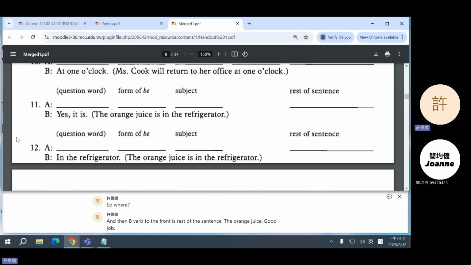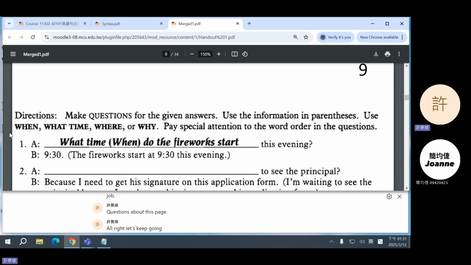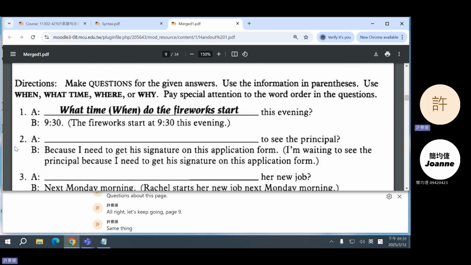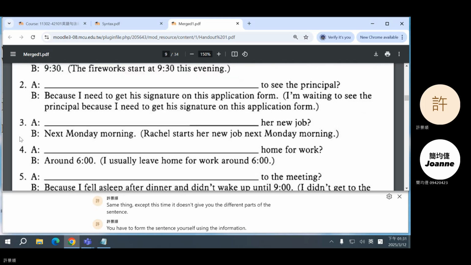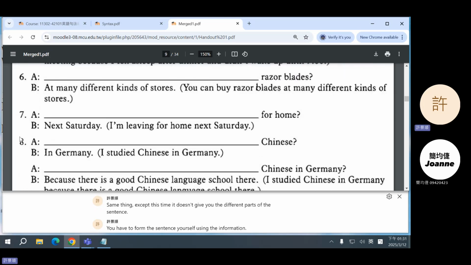Questions about this page? All right, let's keep going. Page 9. Same thing, except this time it doesn't give you the different parts of the sentence. You have to form the sentence yourself using the information. 9 questions.